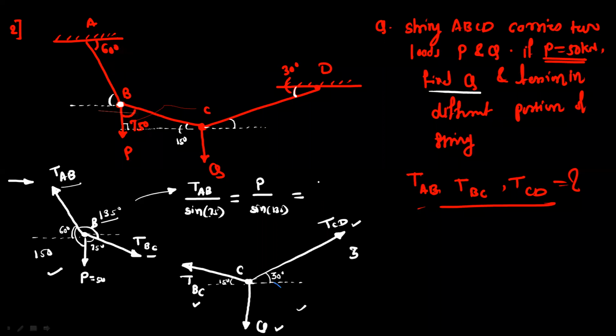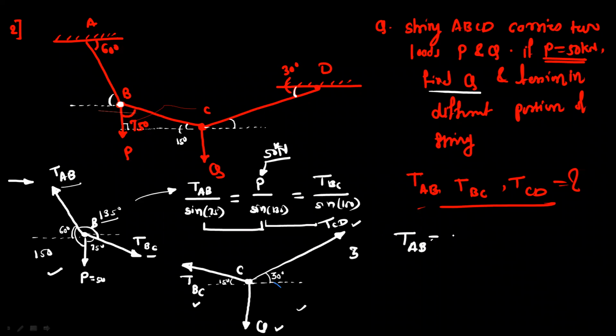And next we have tension BC and the sine of the opposite angle, so it is sine 150. The force P is given as 50 kilonewton. Now equate these values and get the value of tension AB, and from the remaining two, you will get the value of tension BC.